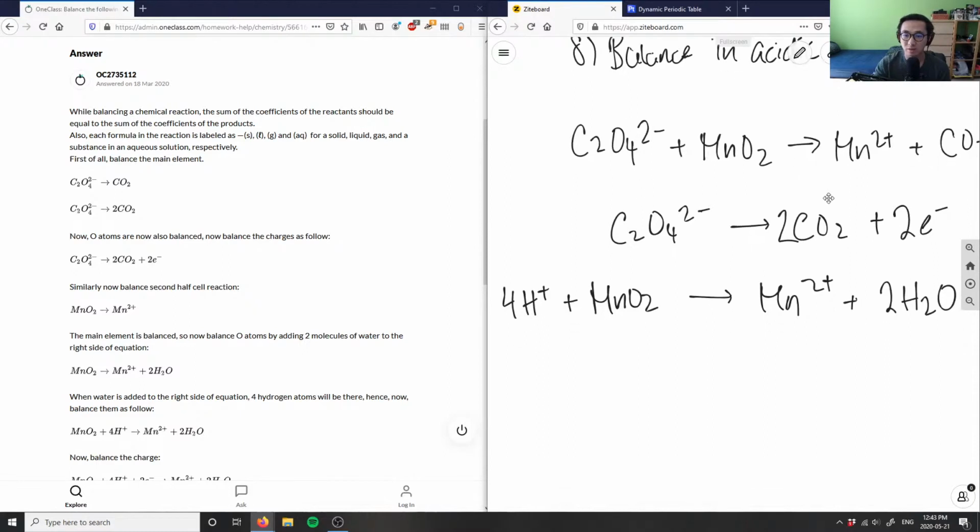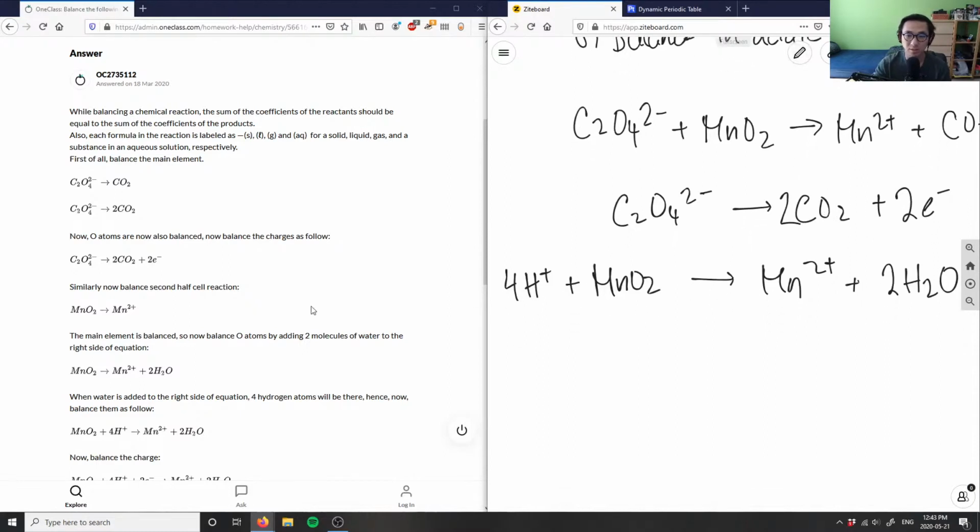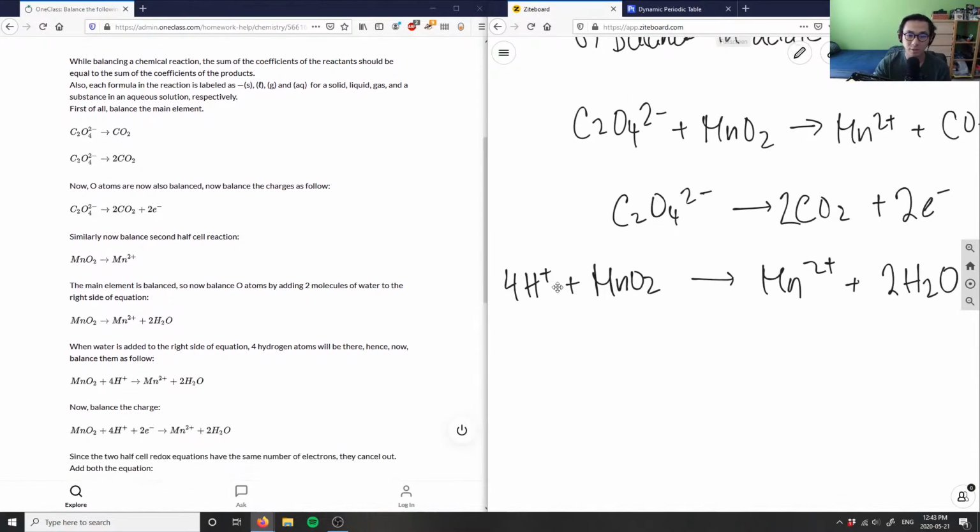Now we have to balance out the charges, right? You can see here, I have 4 H pluses, and then I have 2 pluses here. So I have to make these both equal to each other. Again, I can't add protons, but I can add electrons. So instead of bringing this 2 plus to a 4 plus charge, I'm going to bring down this 4 plus to a 2 plus charge. If I want to do that, I simply have to add 2 electrons.